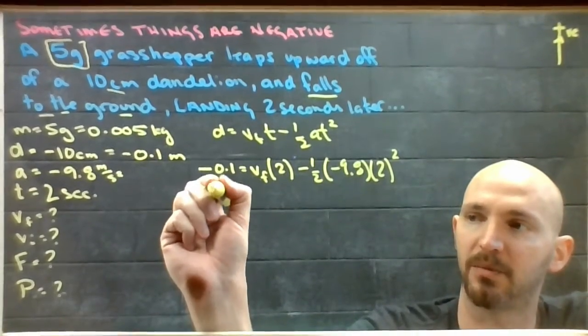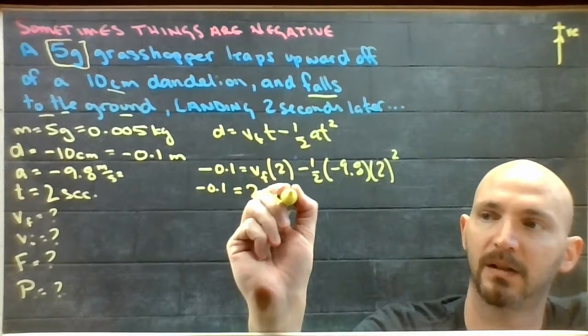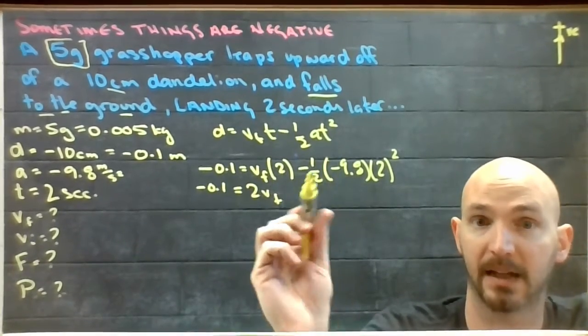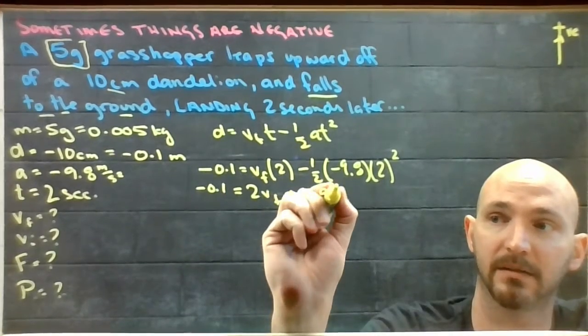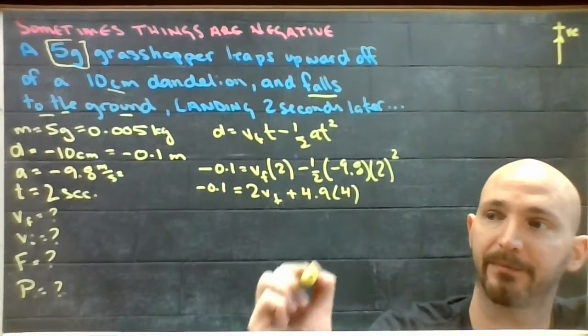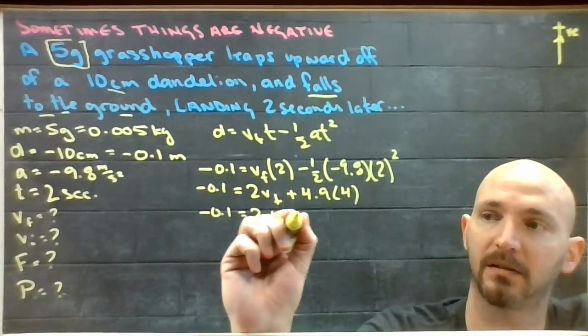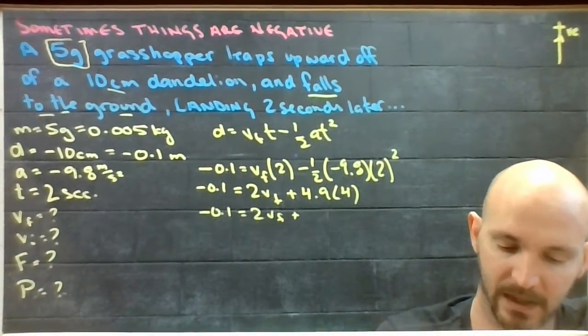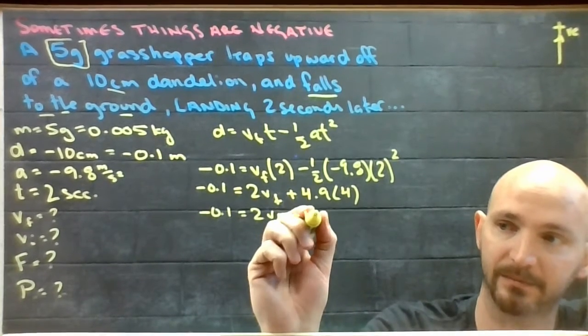So negative 0.1 is 2 v final. A negative times a negative is a positive, and half of 9.8 is 4.9. 2 squared is 4. Negative 0.1 is 2 v final, 4 times 4.9, 19.6.